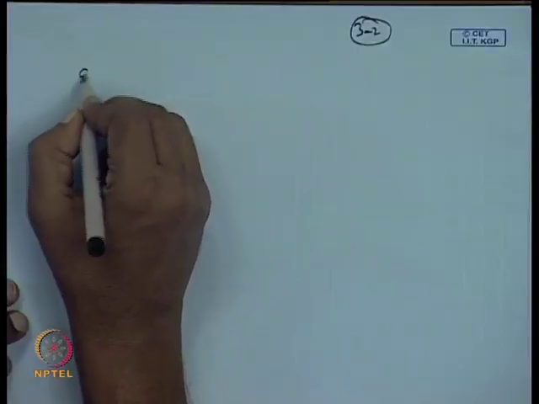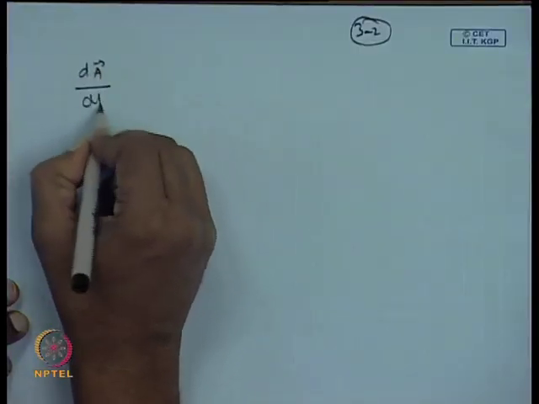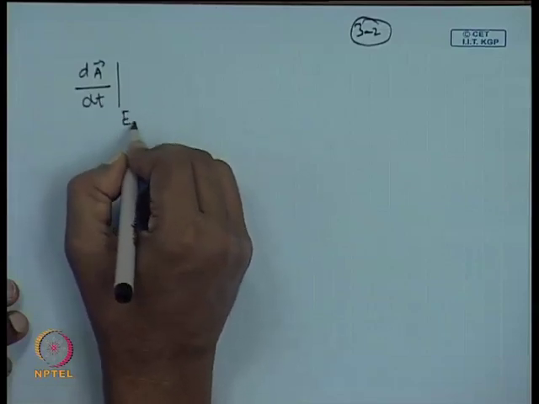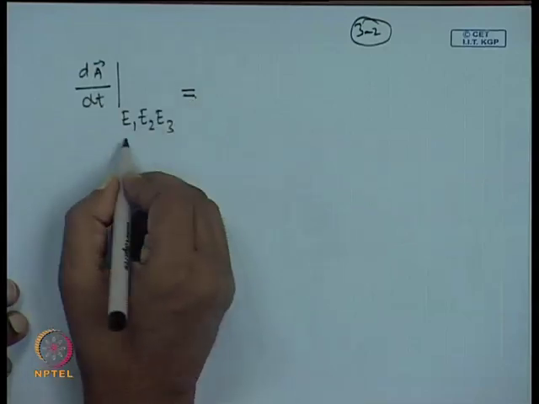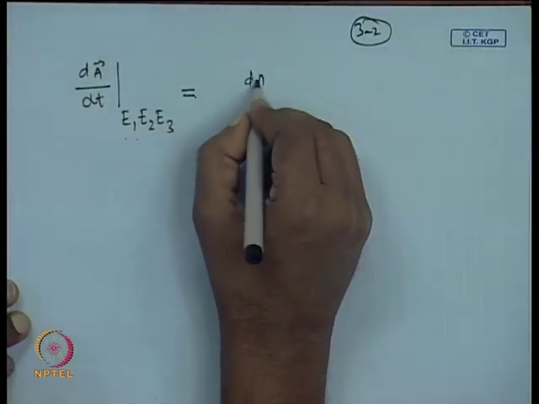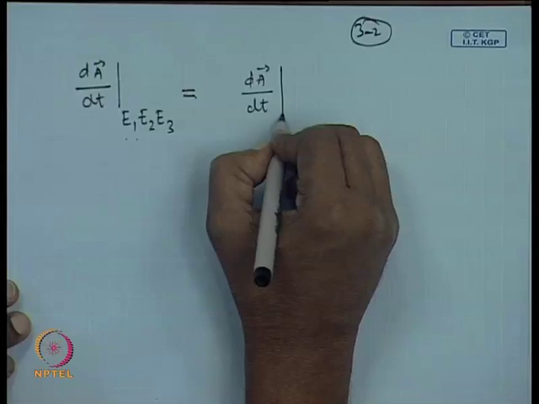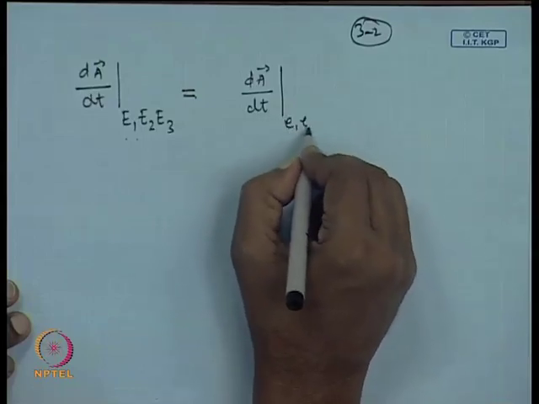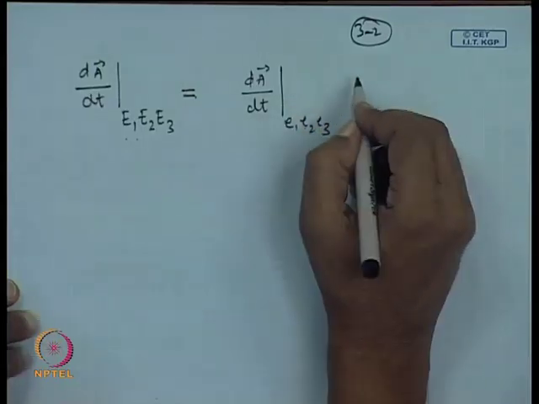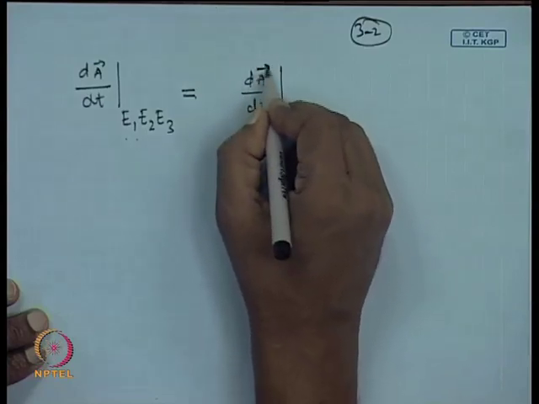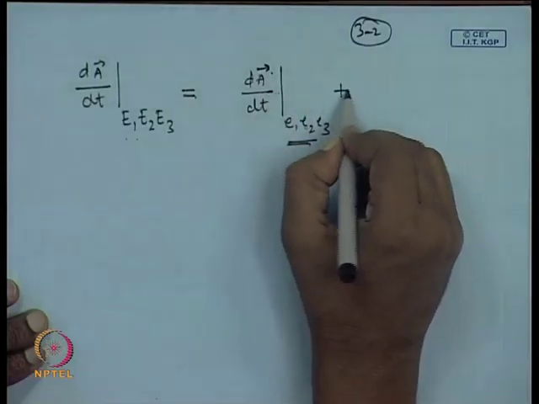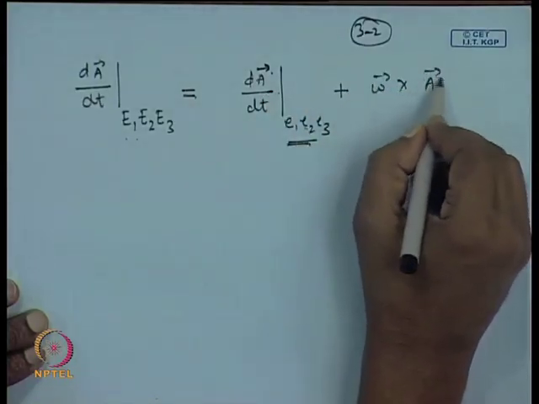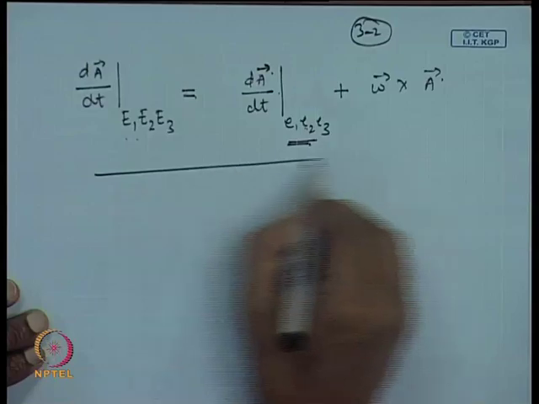So, first of all we will find a derivation. Last time I was stating that the rate of change of a vector as observed from an inertial reference frame E1, E2, E3, that is a non-rotating reference frame, is equal to the rate of change of this vector as observed from a moving, rotating reference frame, plus omega cross the vector.